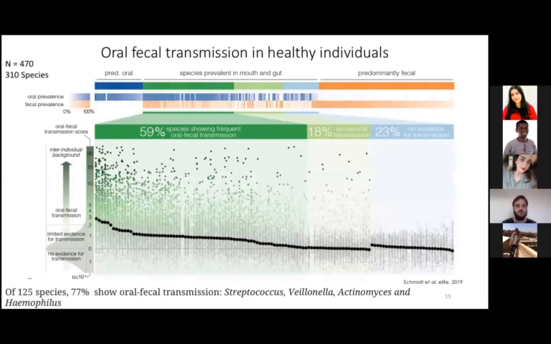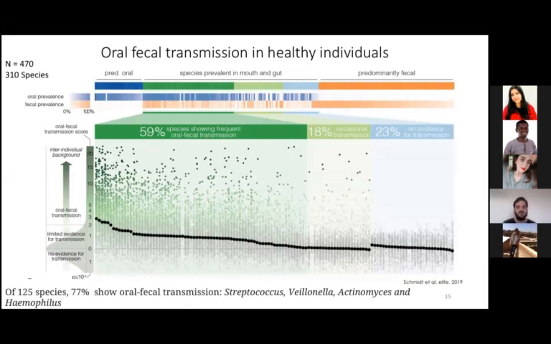So I show you here some results from a paper by Schmidt et al. in eLife 2019, where they looked at what we call oral-fecal transmission in healthy individuals. Basically, they're looking at whether they could identify species that were common inhabitants of the oral cavity inside the gut of the same individuals.